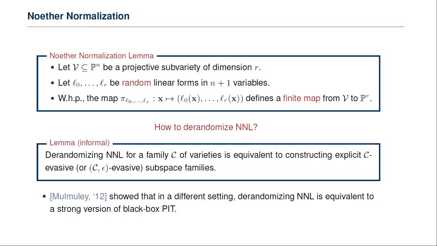Mulmuley showed that de-randomizing Noether normalization in this setting is equivalent to a strong version of black box PIT against the so-called border complexity classes.